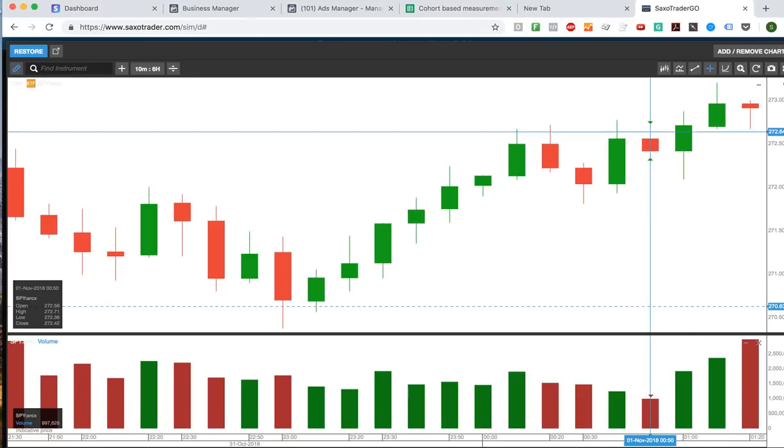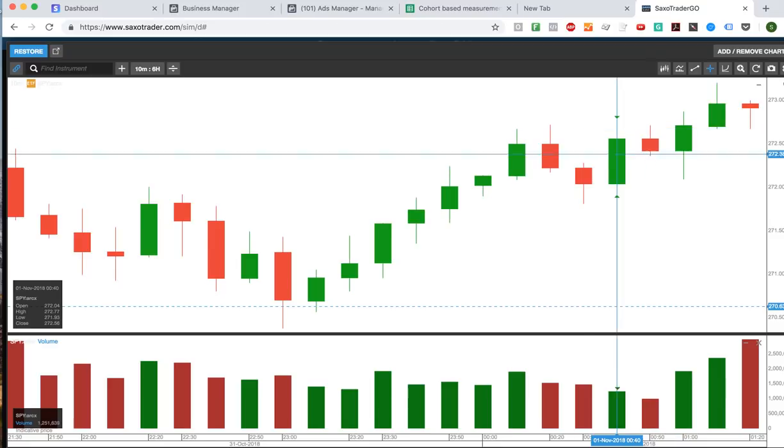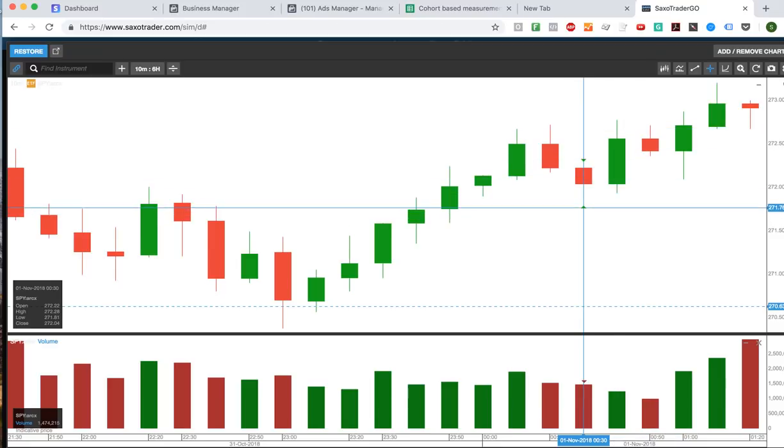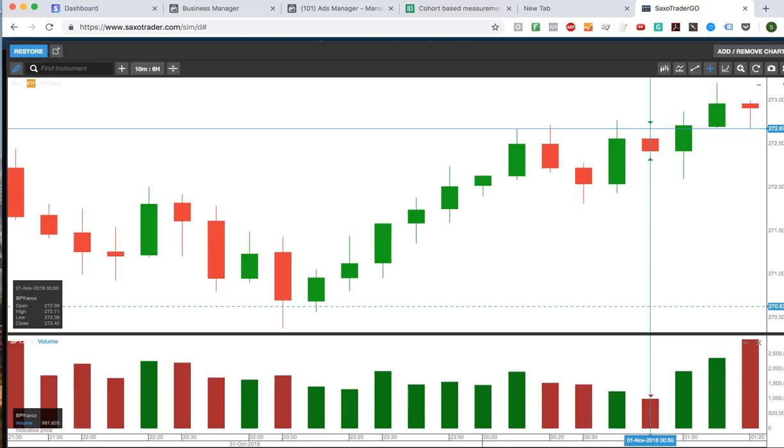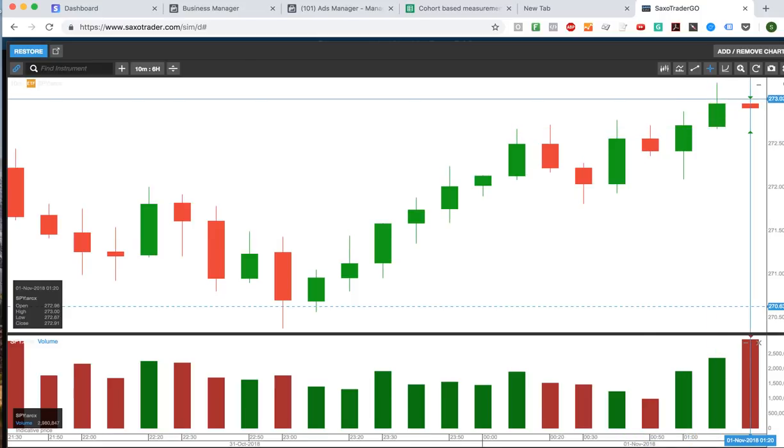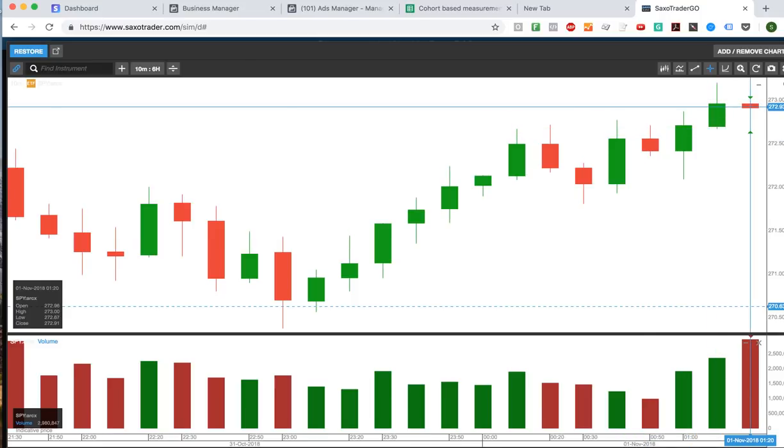Alright, so our long trade we entered in here, which is 272.72, one tick above the high. Our stop is right here, which is 271.80, one tick below the low. So we have a 92 tick R value, and after 3 periods we've exited on close here, and our exit is 272.91, which gives us a 19 tick profit, which is a 0.2 R win.